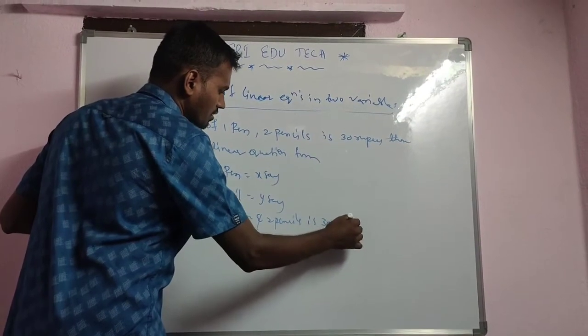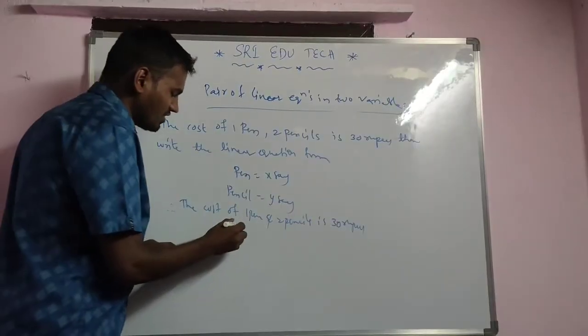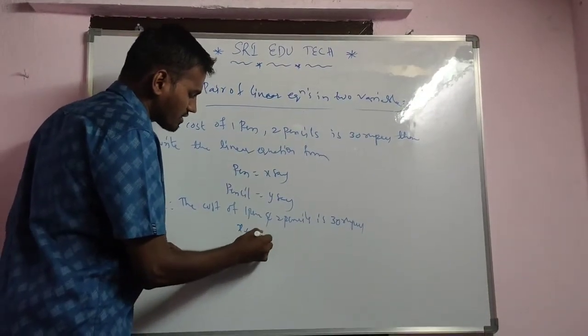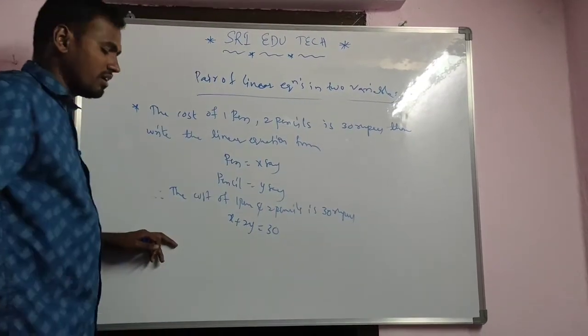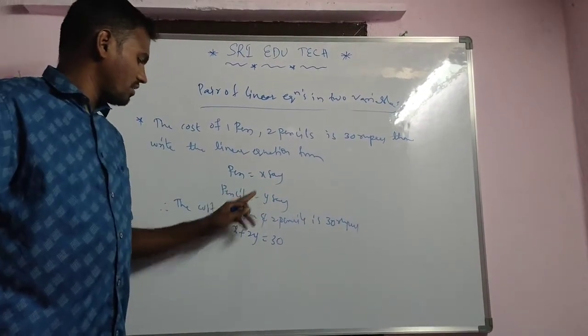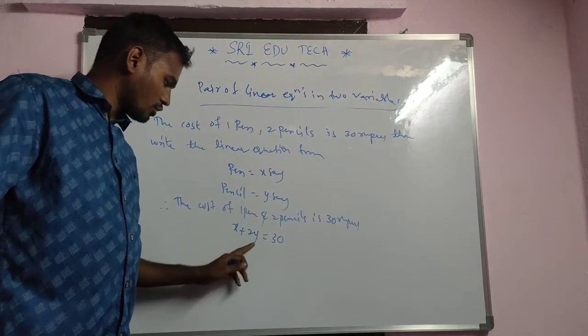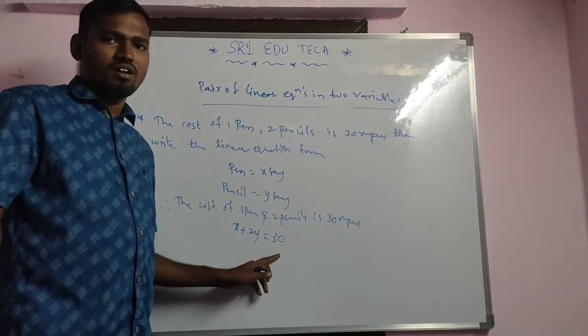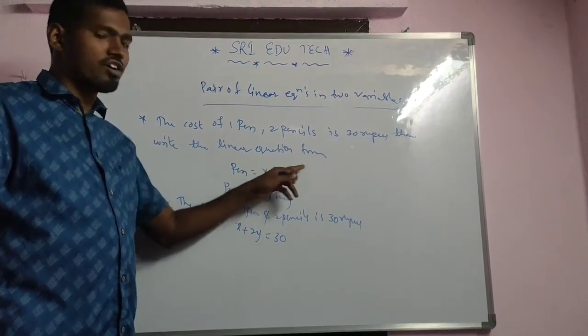Then x plus 2y is equal to 30. 1 pen, then 2 pencils, total cost 30 rupees. So this is the linear equation form.